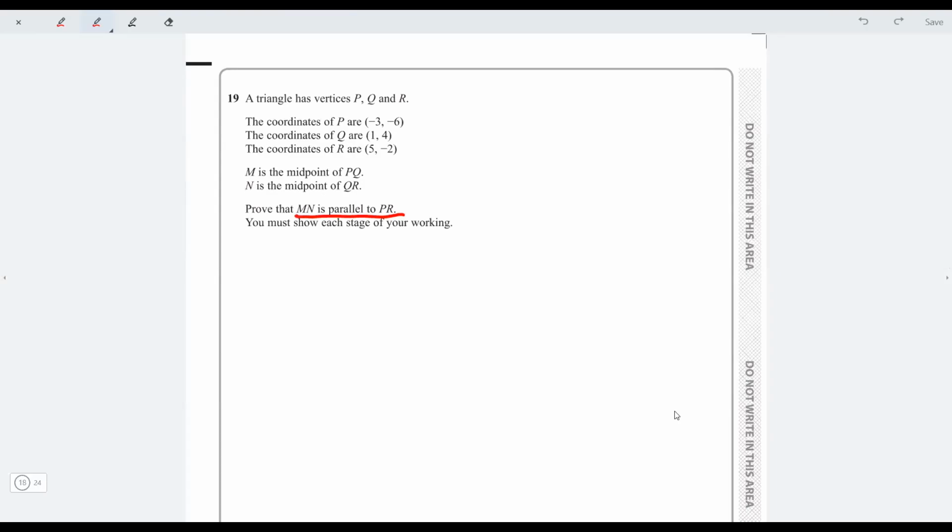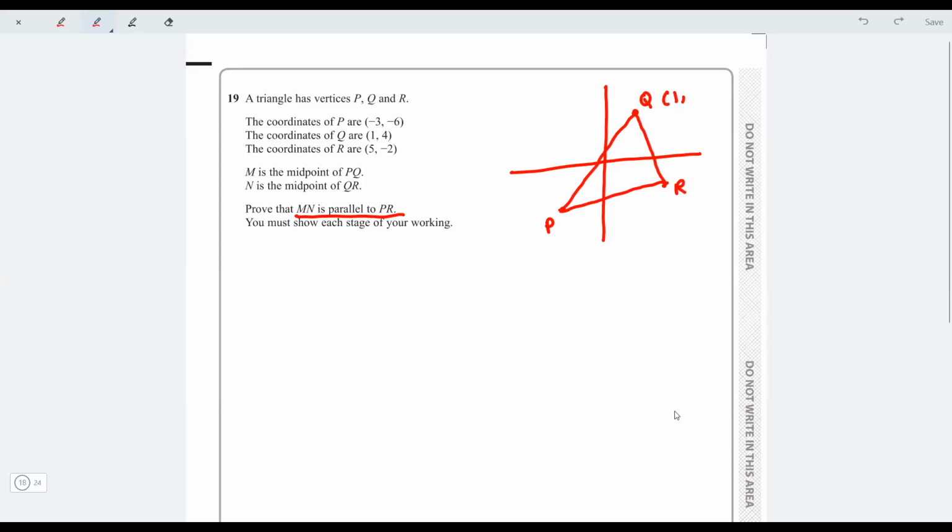Well, first of all, I would actually start off by drawing this. So P is -3, -6, somewhere around there. Q is 1, 4. And R is 5, -2, somewhere here. Okay, there we are.